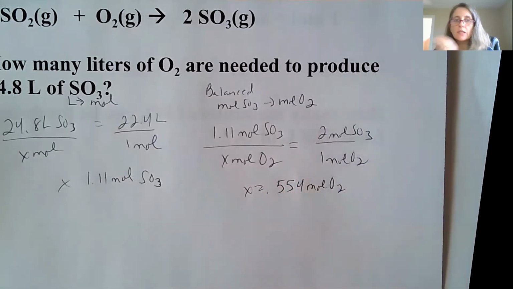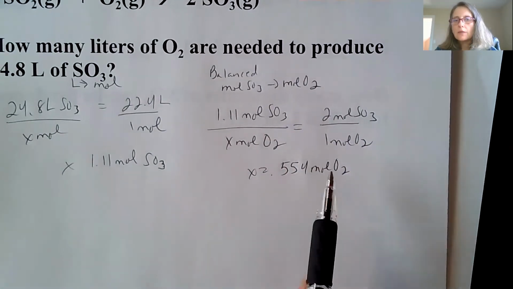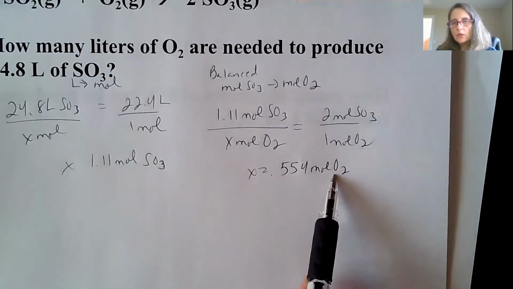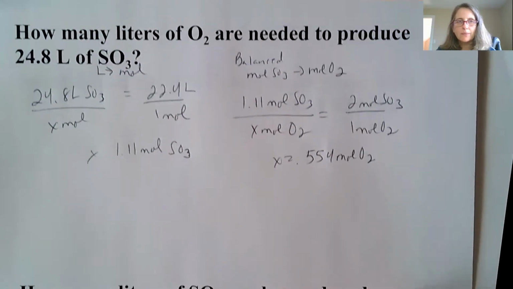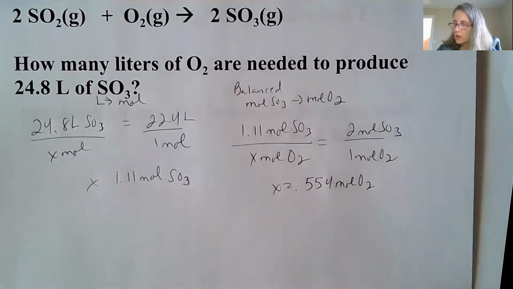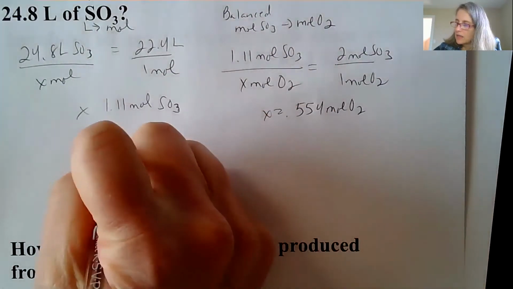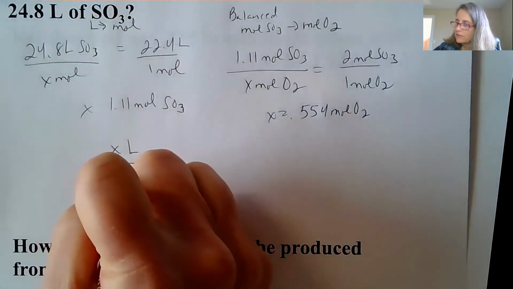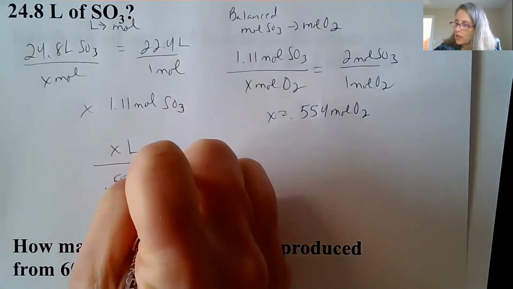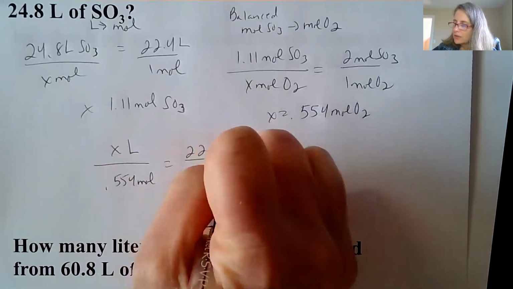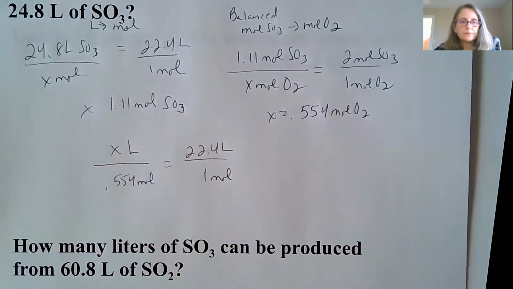And again, with all of these problems, it is best for you to label your units, including what species you are talking about. So then I want to go to liters of O2. I'm going to say, okay, how many liters are in 0.554 moles if I know 22.4 liters is for every 1 mole?